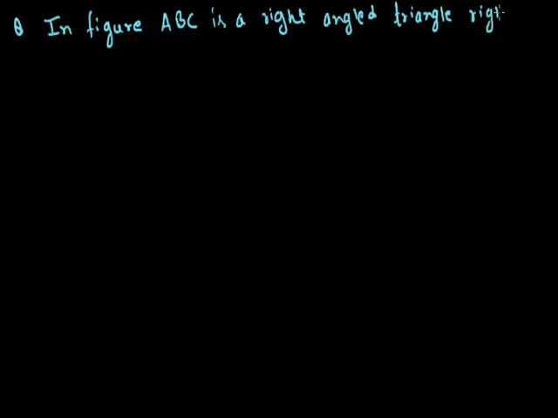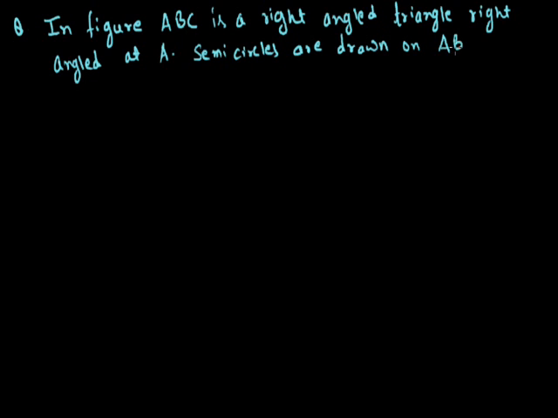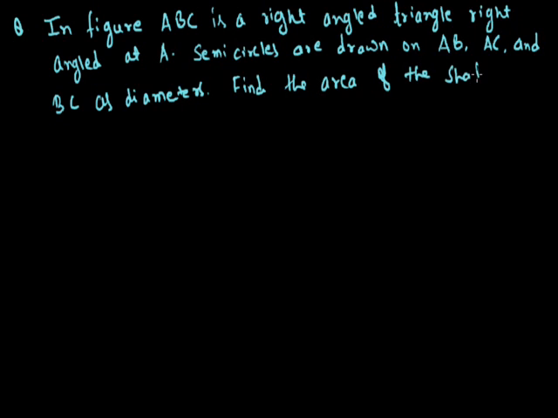In figure ABC, ABC is a right angled triangle, right angled at A. Now semicircles are drawn on AB, AC and BC as diameters. Find the area of the shaded region.